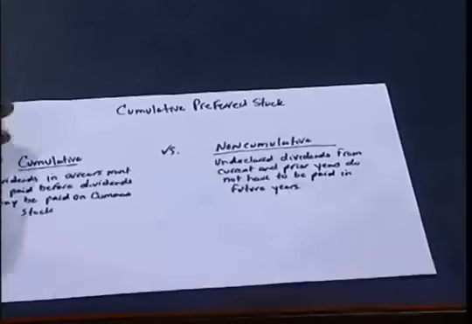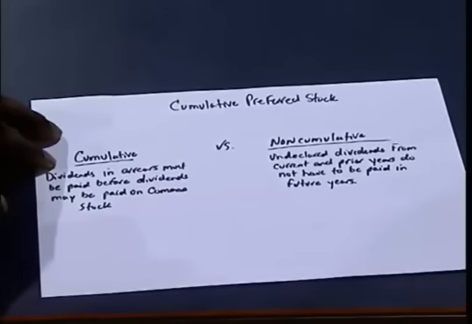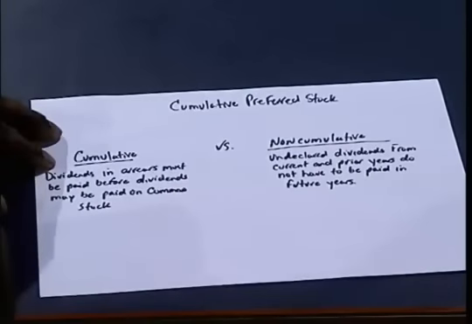Let's look at accumulative and non-accumulative when we're looking at preferred stock. Accumulative preferred stock means that dividends in arrears must be paid before dividends can be paid on common stock. Non-accumulative says undeclared dividends from current and prior years do not have to be paid in future years. What does that mean?